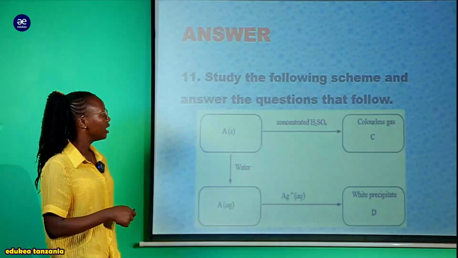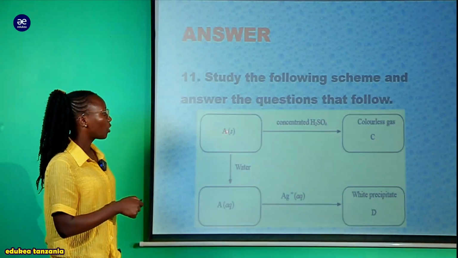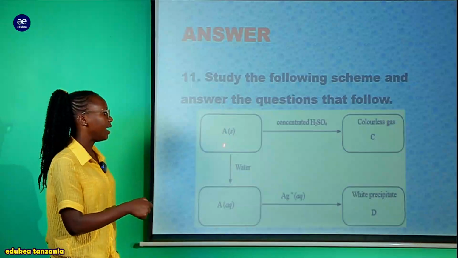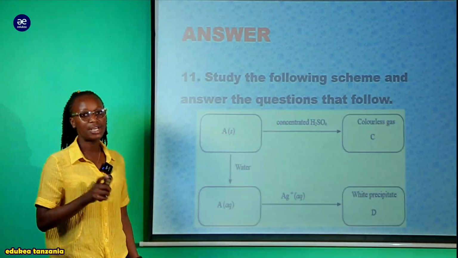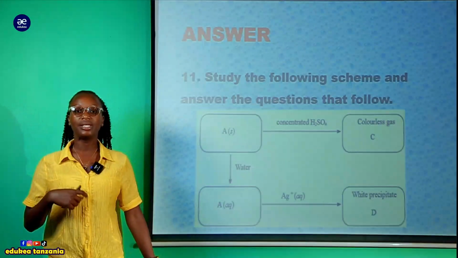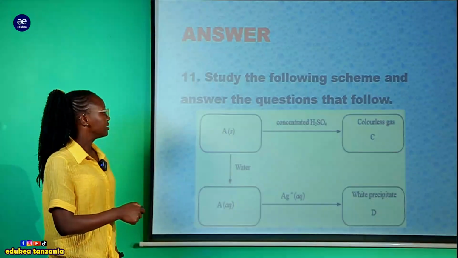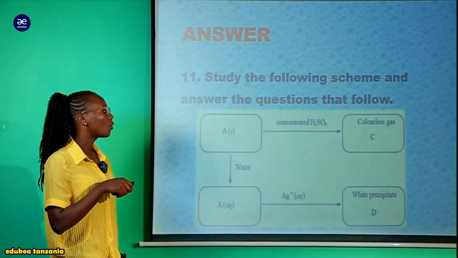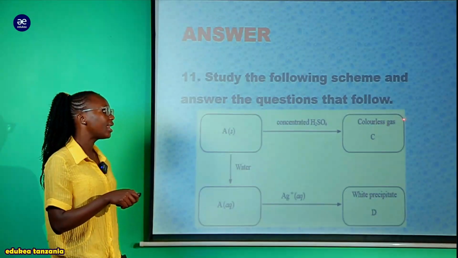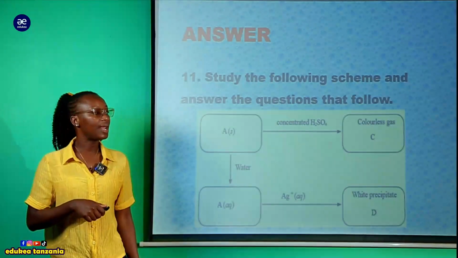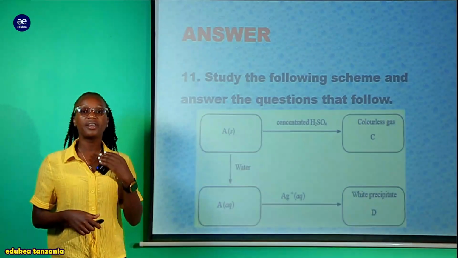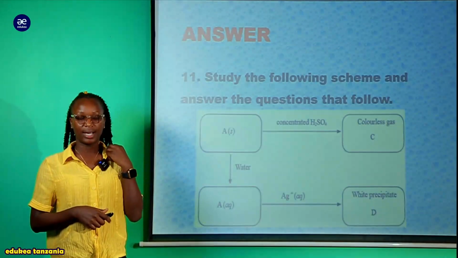You can see that here we have the compound A, or the element A, which exists in a solid state. But this compound A ilienda kutengeneza colorless gas C, gesi ambayo haina rangi yoyote.